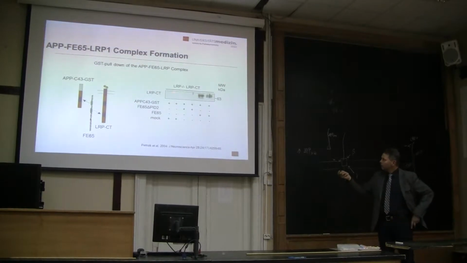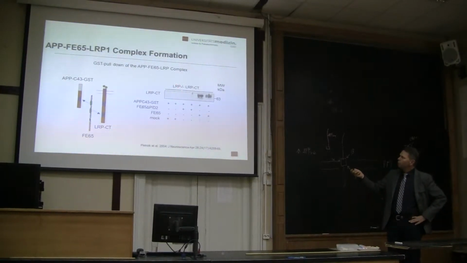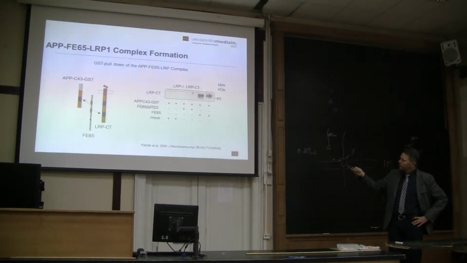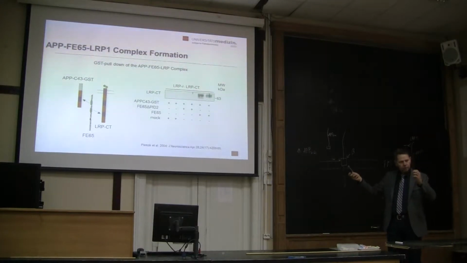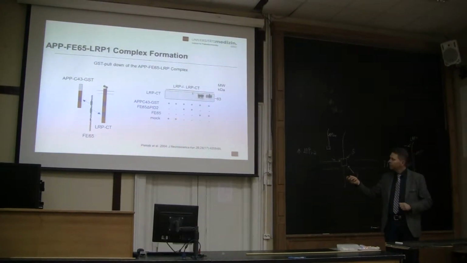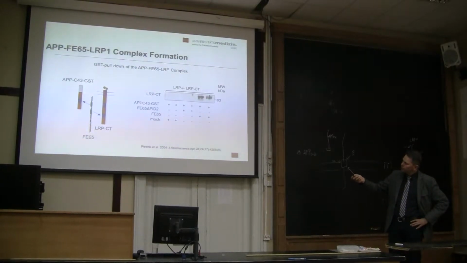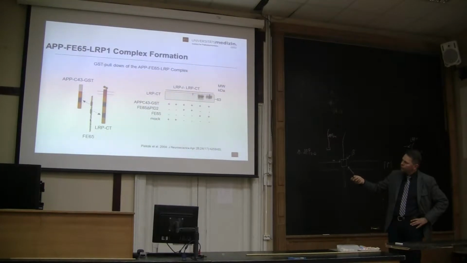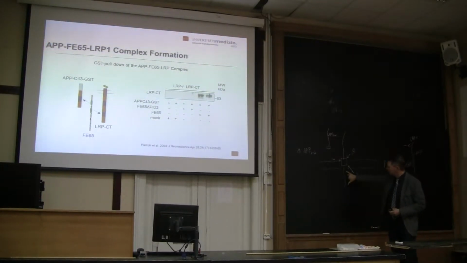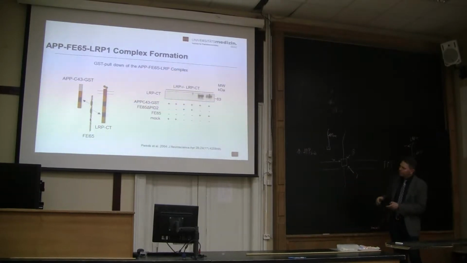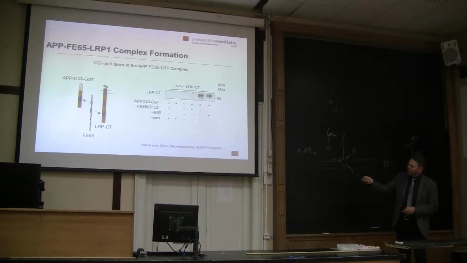We used our LRP knockout cells, which were stably transfected with the truncated LRP construct. And then we used a soluble protein which reflected only the C-terminal part of APP, expressed in bacteria together with a GST tag.